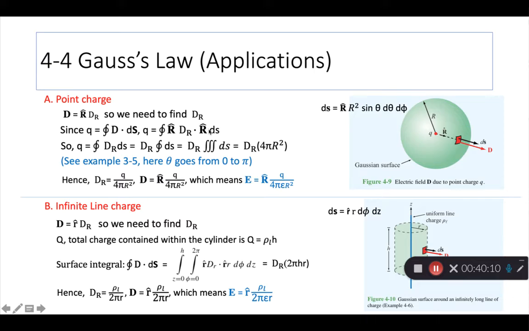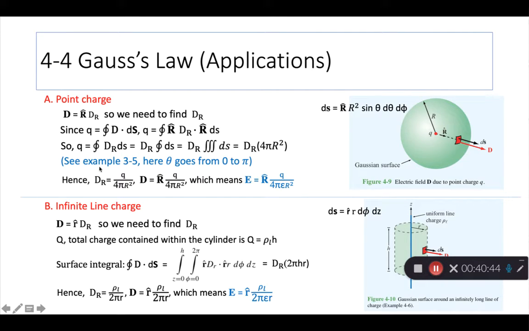So S is expanded in this way. So it basically becomes a scalar integral, right? Because when you dot product r and r, the vectors go away. So you have Dr dS. Now this integral is a volume integral. So that's what I show you, 3 lines of integration, and that gives you 4 pi r squared.